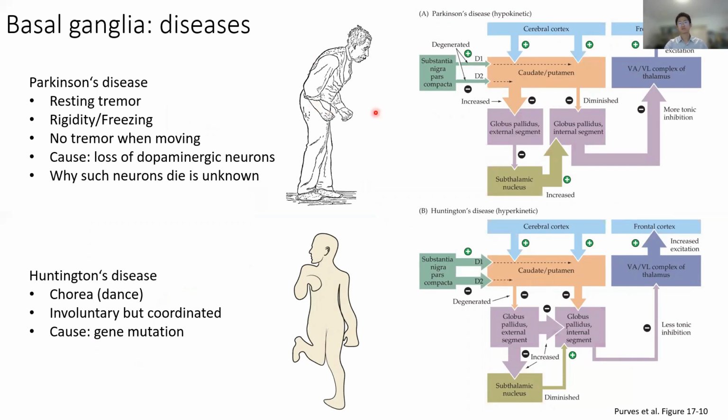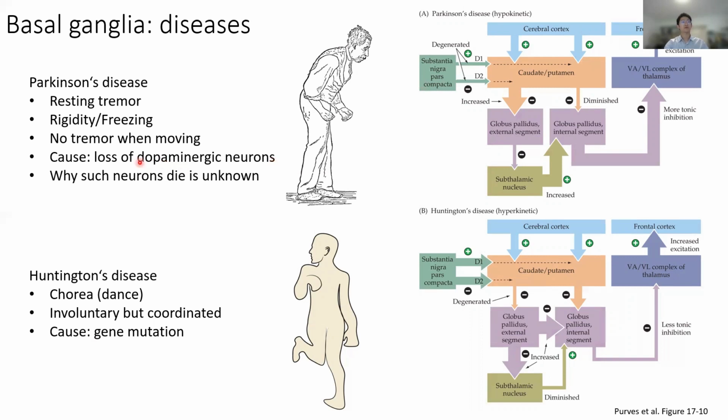So what is Parkinson's disease? Usually this disease is caused by the loss of dopamine, because if you remember, I mentioned that the substantia nigra is producing dopamine, and in these patients, these cells are degenerated and they are not able to produce dopamine anymore.